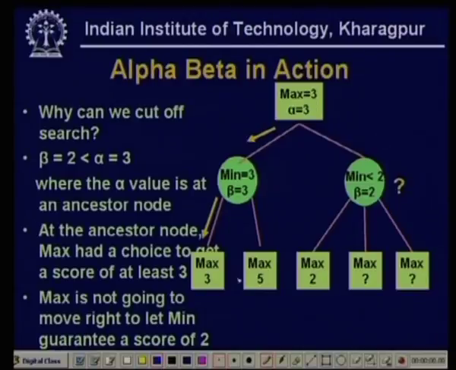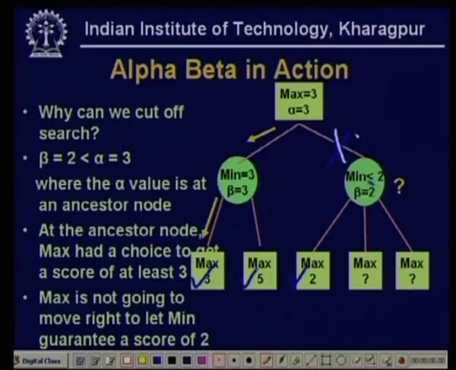Now, search comes to this node. This node has a value equal to 2. So, because this node has a value equal to 2, the beta value of this min node is set to be equal to 2 and the actual value of min is less than or equal to 2. Now, since the beta value is 2 here and the actual value is 3 here, max will never consider going along this path.